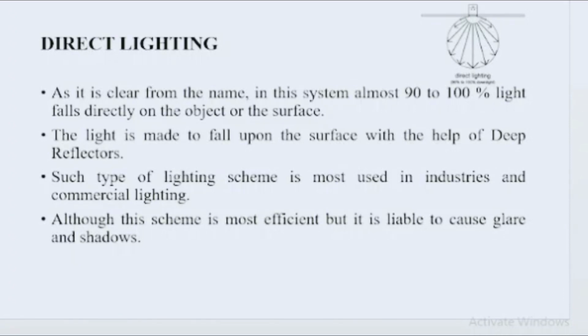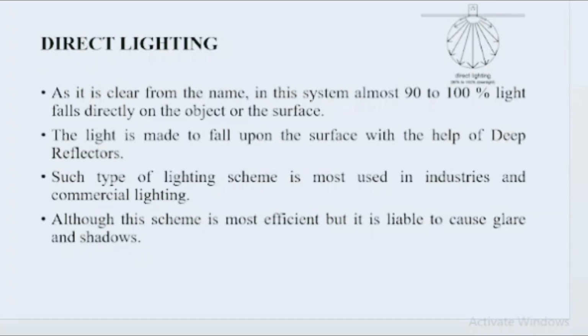Such a type of lighting scheme is mostly used in industries and commercial lighting. But we are facing many problems with direct lighting, like glare and shadow. Glare is nothing but heavy brightness. If light falls completely on the surface and we walk on the floor, our shadow will be cast.